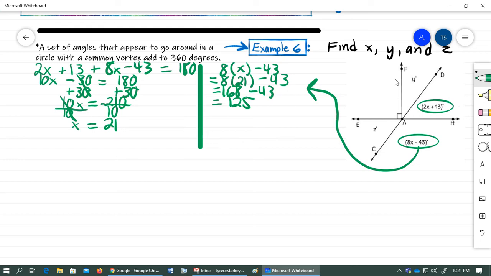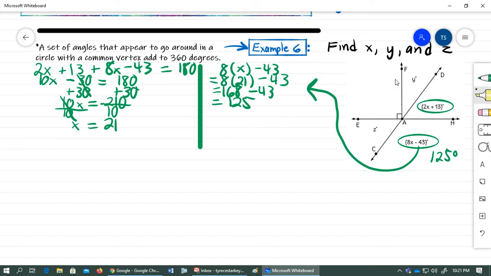All right, so the measurement of this angle right here is 125 degrees. Cool. We know that. That can actually help us out, folks. Now that we know the measurement of this angle is 125, we can use that.